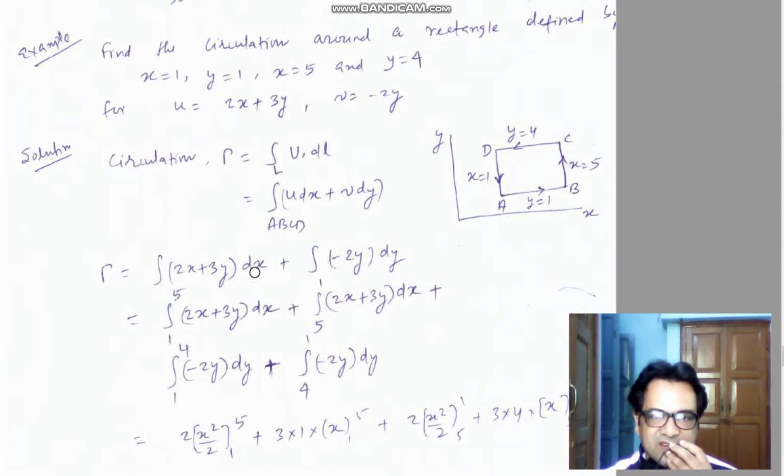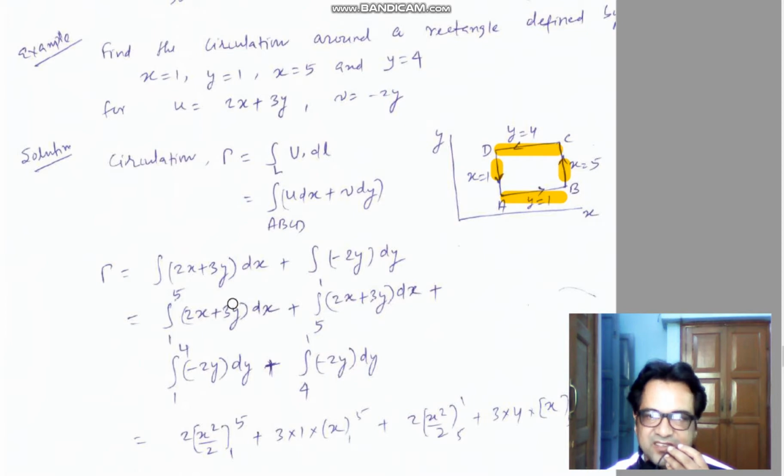So along the x direction there are two lines, and these two lines are along the y direction. So the integral of 2x plus 3y dx from 1 to 5, AB means x varies from 1 to 5, plus along this line x varies from 5 to 1.